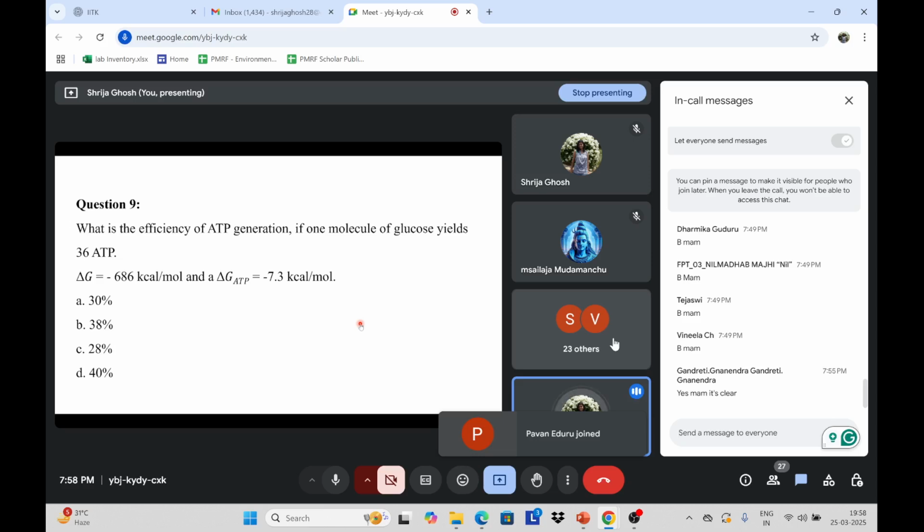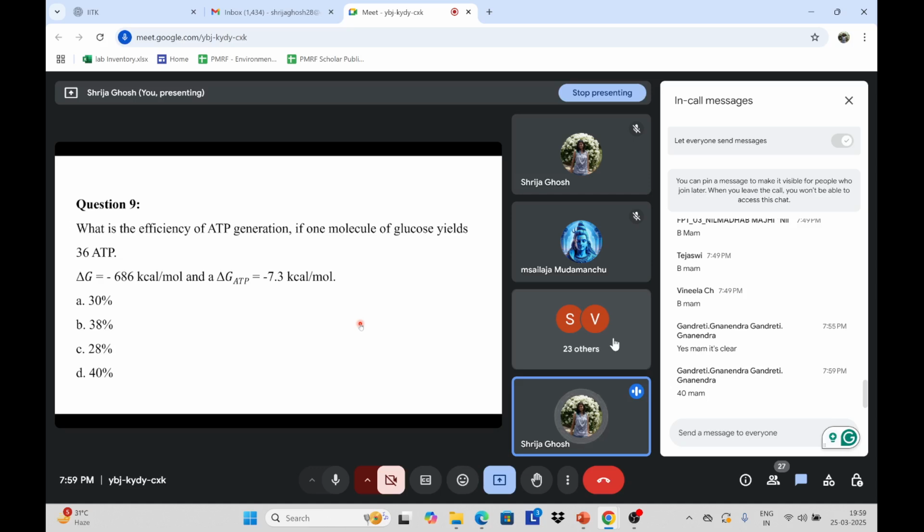So how do you find the percentage? Once you find the free energy of ATP, divide it by the total and multiply it by 100. Okay, we have one answer in the chat box, 40. Anyone else able to solve it? You are closer to the correct answer.